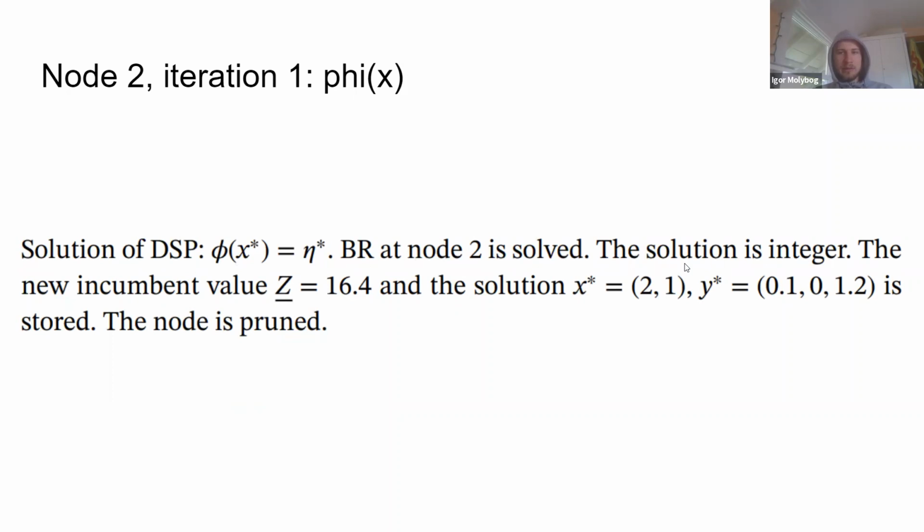Since our solution x star is integer, we can assume that we have solved the problem corresponding to this particular branch, and the corresponding value is 16.4. The corresponding solution of x star being equal to 2, 1, and y star being equal to 0.10 and 1.2 needs to be stored, and the node can be pruned by optimality.